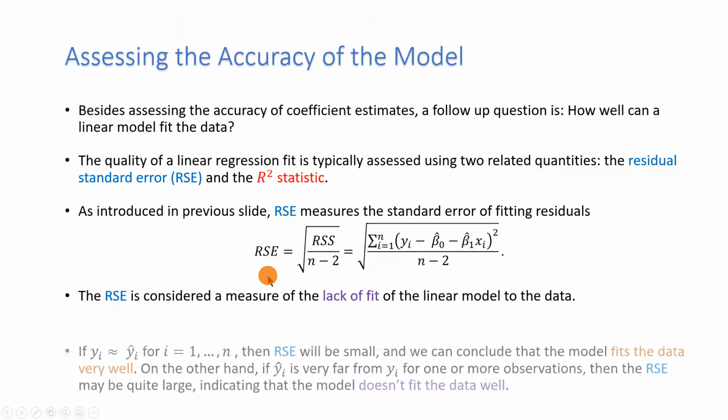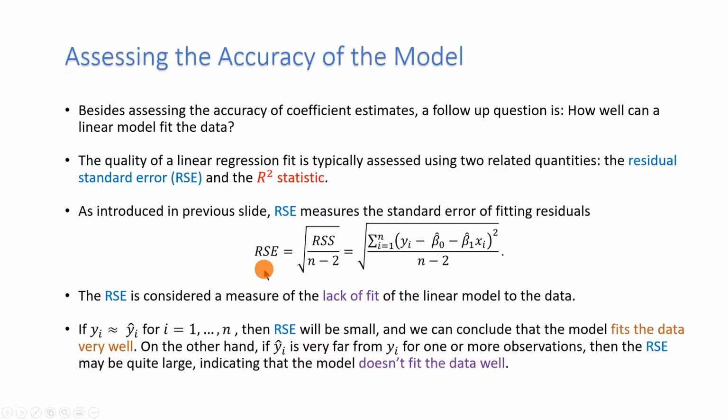So when the residual standard error is small, your linear model fits your data very well. On the other hand, when you have a large residual standard error, your linear model does not fit your data set very well. Therefore, we can consider the residual standard error as an indicator to measure how well your model is fitted, right?